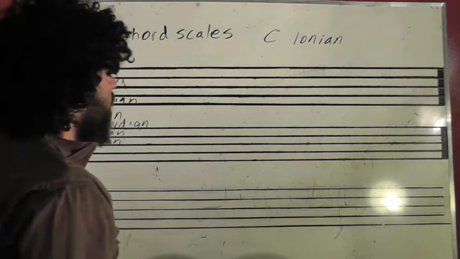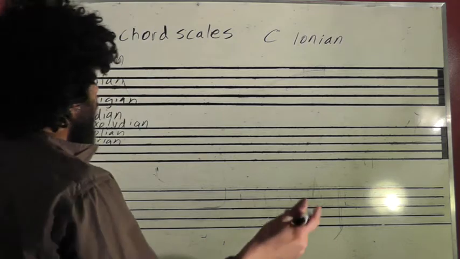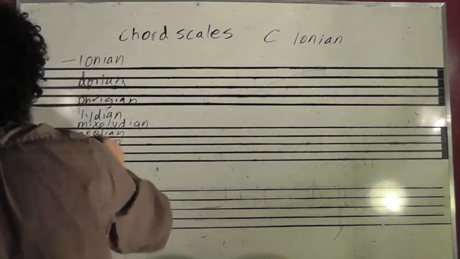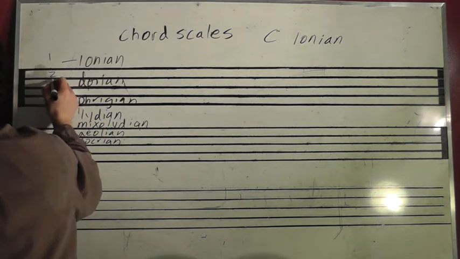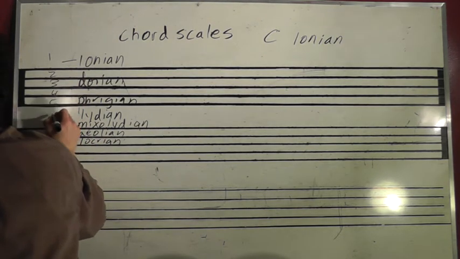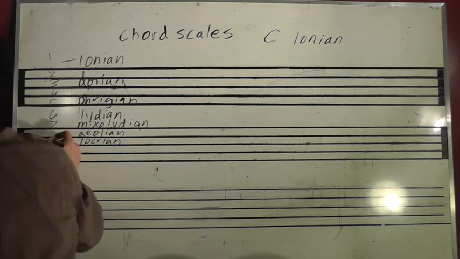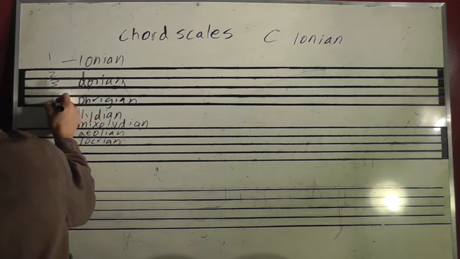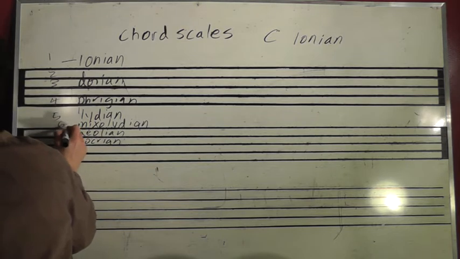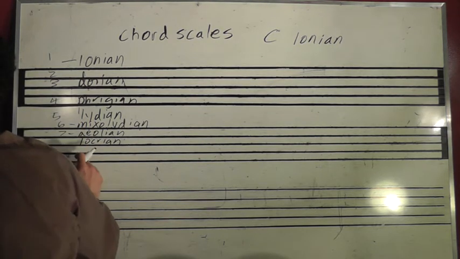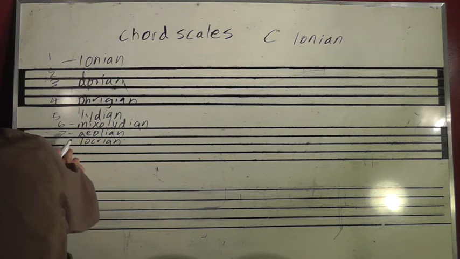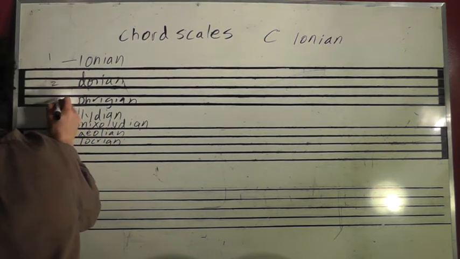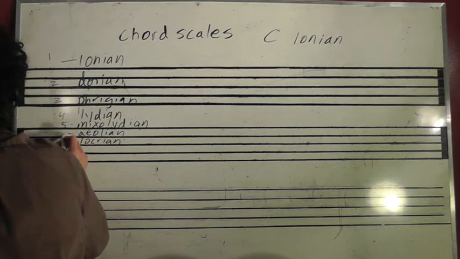So this is a real simple one. C Ionian, you'll see that this is the first degree of the modes. We'll just number them real quick. 2, 3, 4, 5, 6, 7.